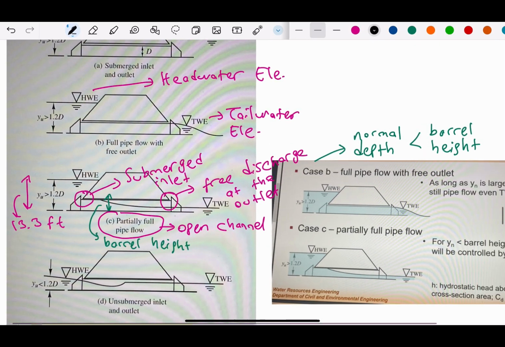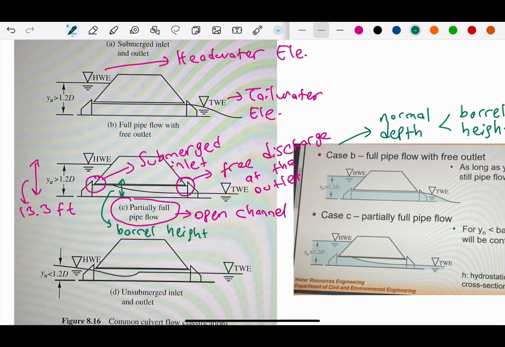We can see the figure. According to the equation, we have a barrel height as 6.5. So the total distance here is 13.3 feet, and we have 6.5 here, and it says that H is depth above culvert center. So center of culvert will be this middle point.